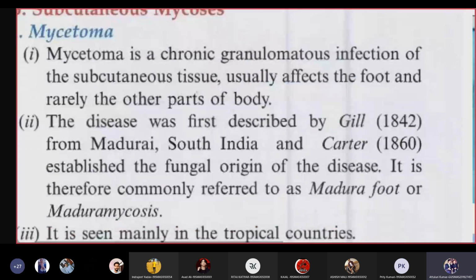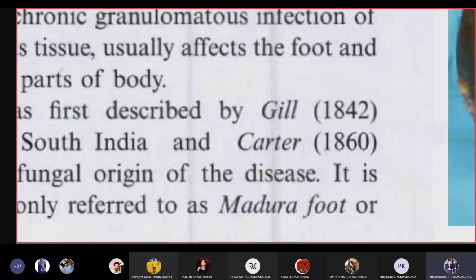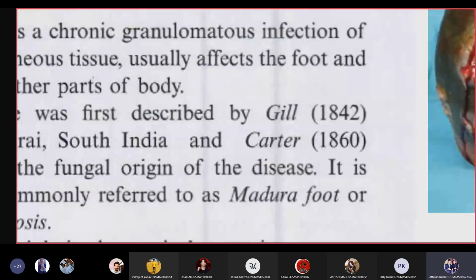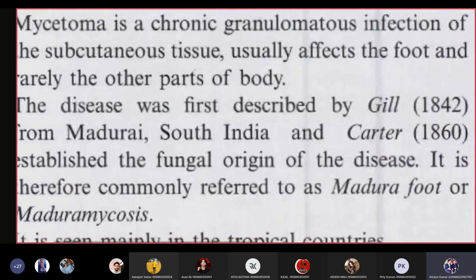This disease was first described by Gill in 1842. Gill said that this particular infection is caused by a fungus, but he did not know what type of fungus it is. It was first discovered in South India, in Madurai.